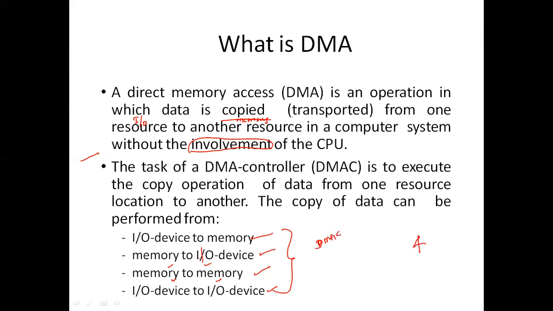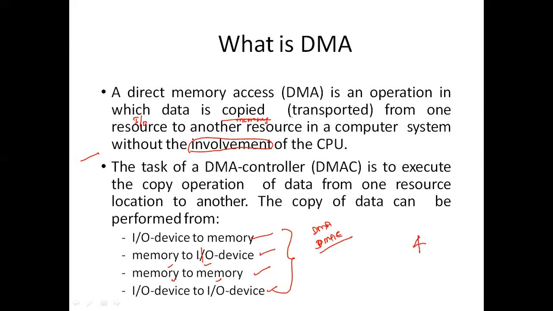DMAC is the short form of DMA controller. Normally it is DMA, and when we include the C, we call it a DMA controller. Here, this DMAC, the DMA controller, replaces the CPU for the transfer. This replacement is of high importance when we want to transfer a bulk amount of data.